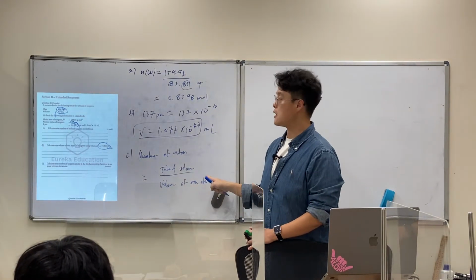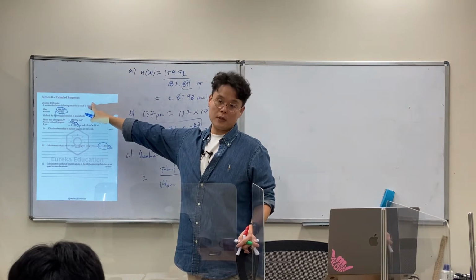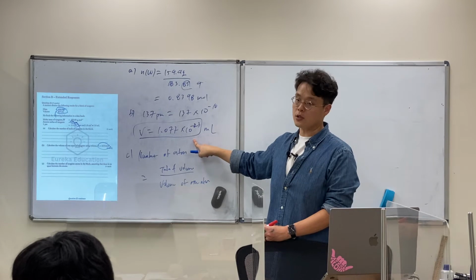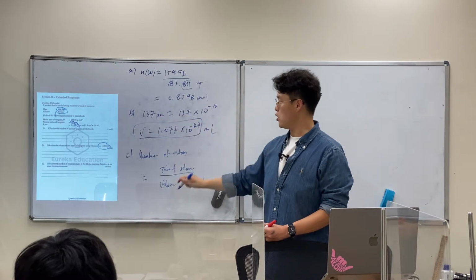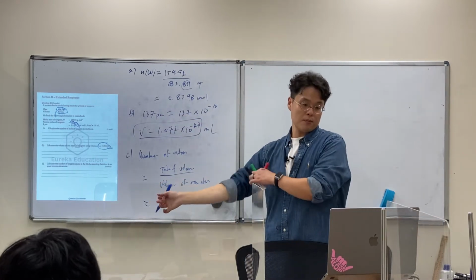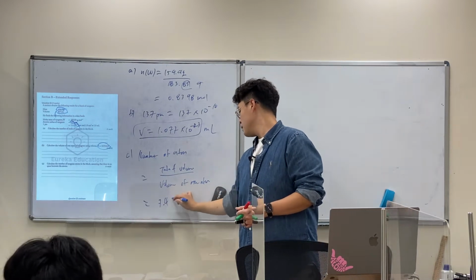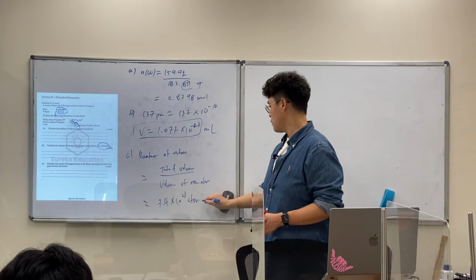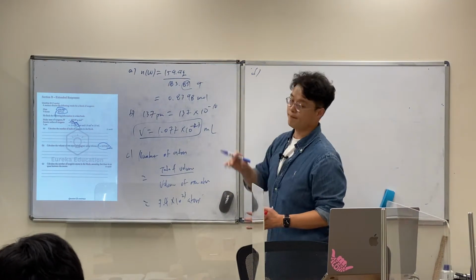The total volume is given as what? 8 milliliter in your given question. It's given in your question. We just found the volume of the one atom. So 8 divided by that value, you should have 7.4 times 10 to the power 23 atoms for the final answer.